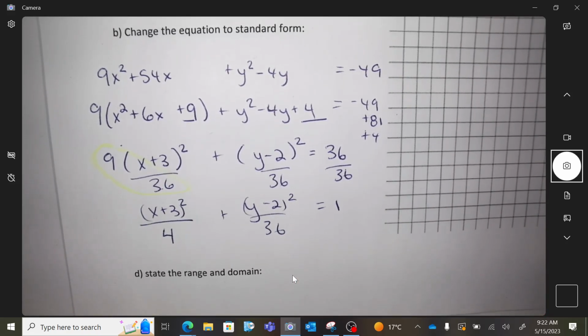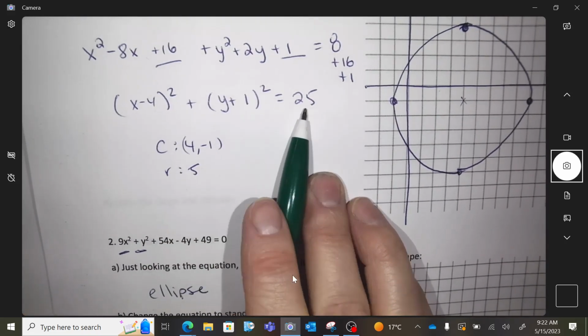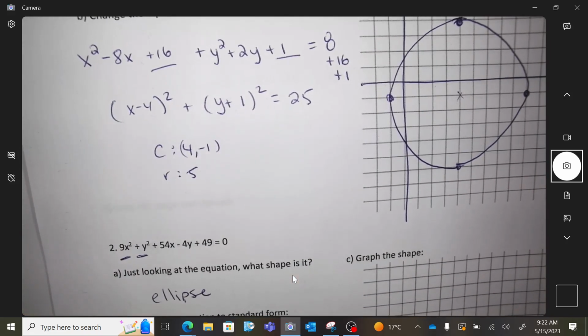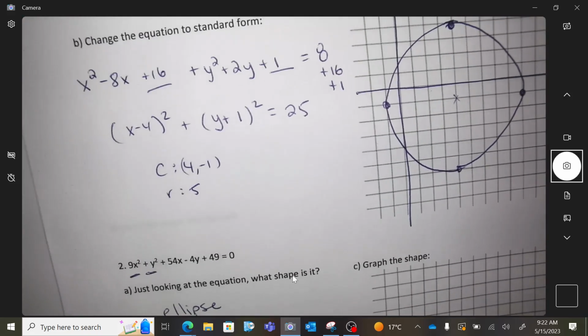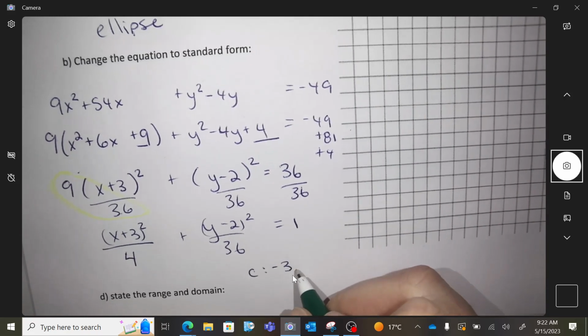Okay? Does everybody see that the circle equation can be the ellipse equation? If I just divided this by 25, then it's a circle because they both have a 25 on the bottom, right? That's why that equation is like that. Okay, so we got a center at -3, 2.